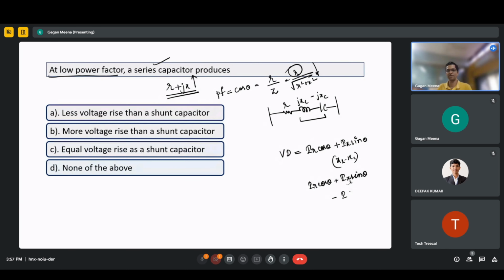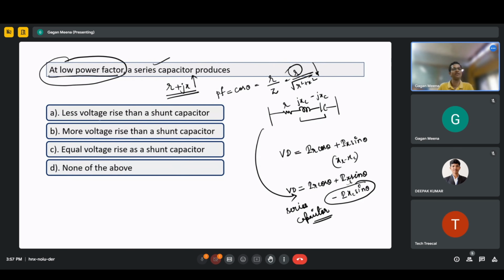X, this is XL. This component is there for the series capacitor. Even if this phrase is not there, the answer will be this. Correct?